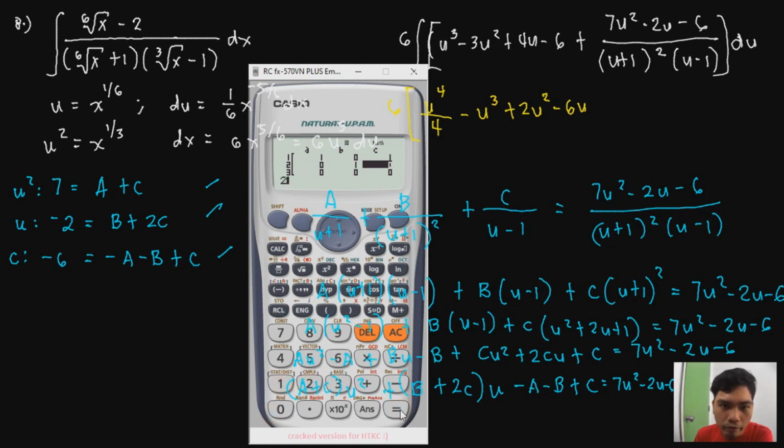For C, we have 2. And then for the equivalent would be negative 2. Now, we have negative 1 here. Negative 1 for B, and finally we have 1 for C. And then we have negative 6.